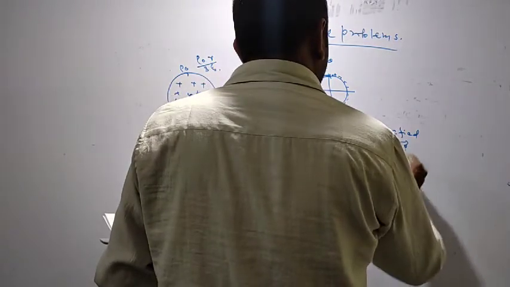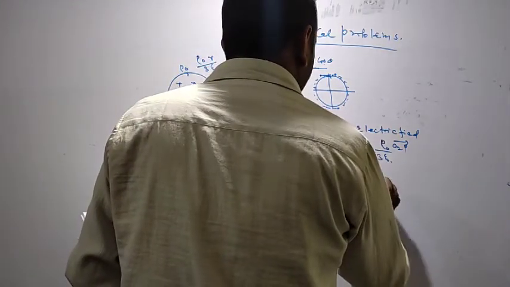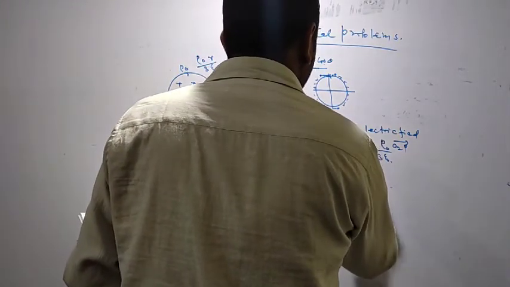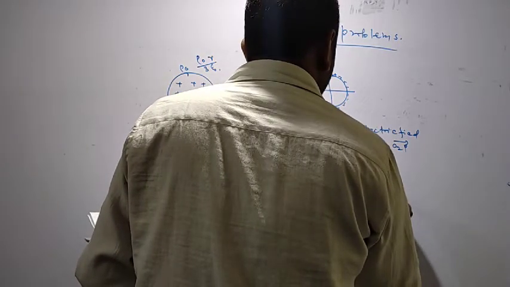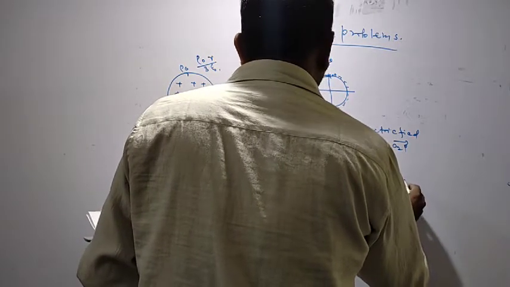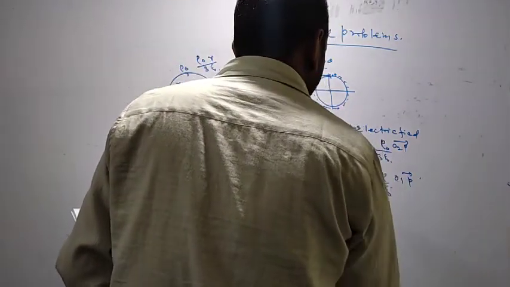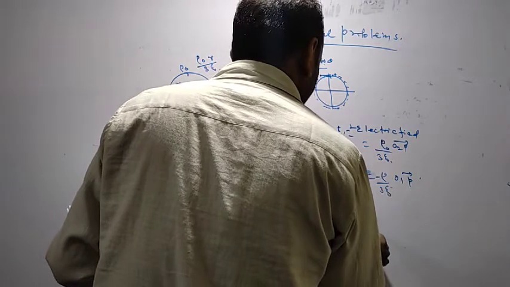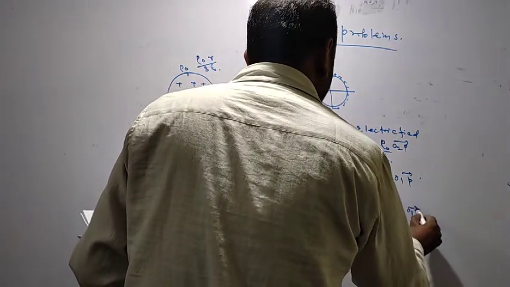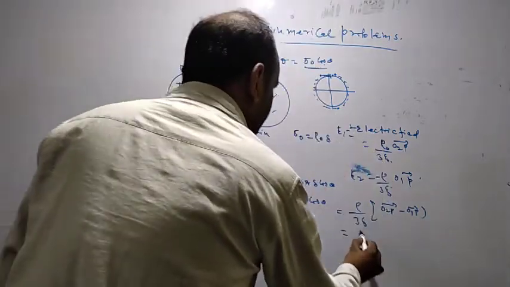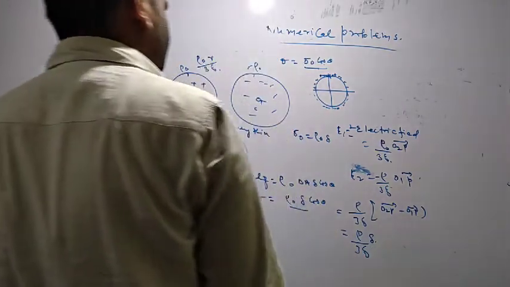O2 P vector due to these positive charges, and electric field, so I say E1, now E2 we have minus delta O1, this is O1 P vector. The net electric field will be nothing but rho by 3 epsilon naught times O2 P vector minus O1 P vector, and this is sigma by 3 epsilon naught, and this is the thickness.